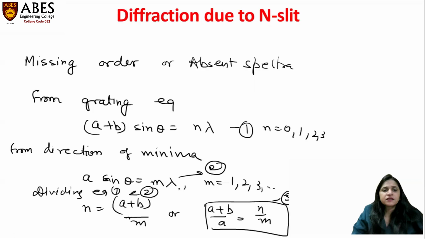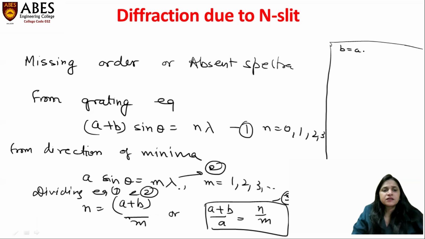Now let us consider two cases here after deriving it. Suppose b equals a. What is the meaning of b equals a? The transparency width equals the opacity width.